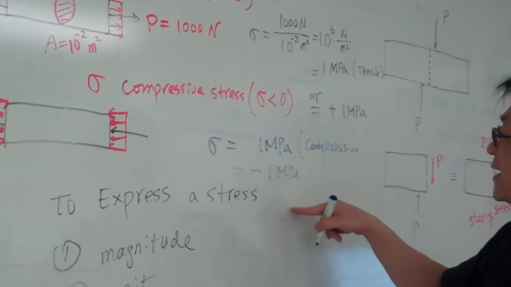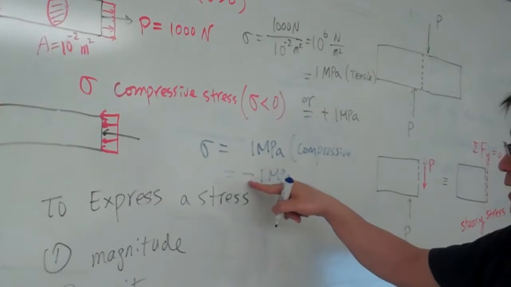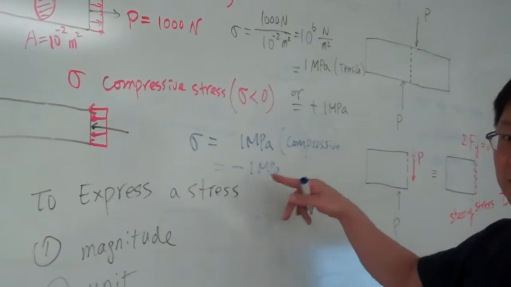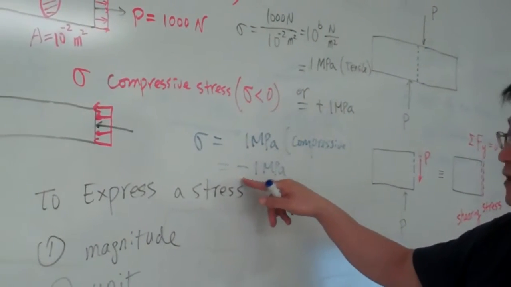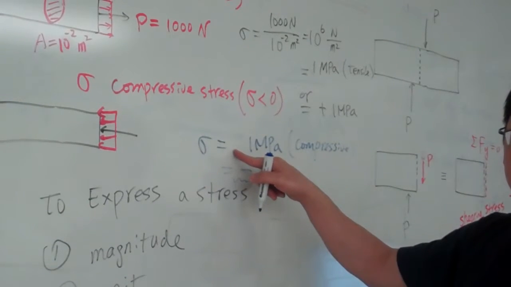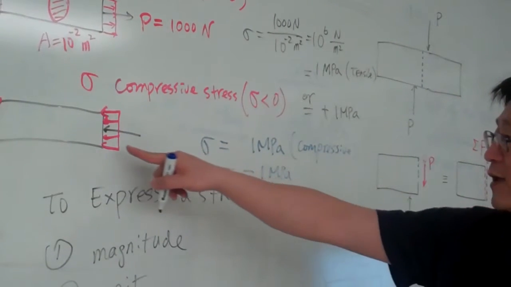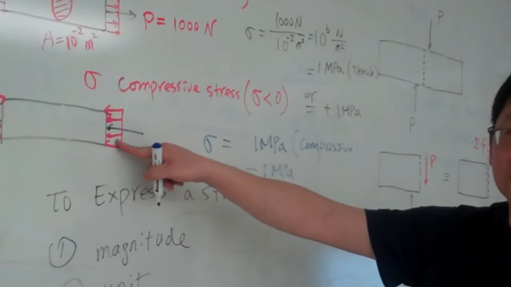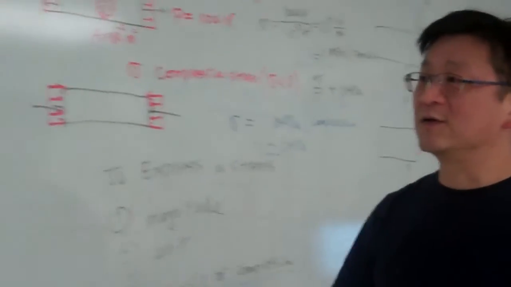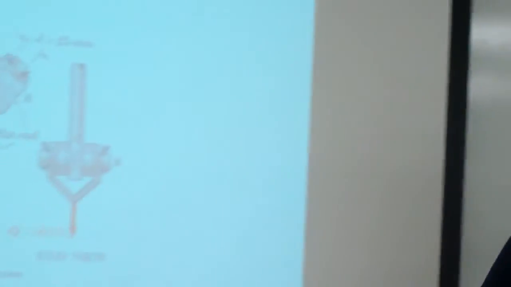So in the very last step, we artificially add the attribute tensile or compressive by giving an appropriate sign. This sign won't appear from your calculation procedures. This sign is given by our observation. Got it? Okay, good. So that is for this topic.